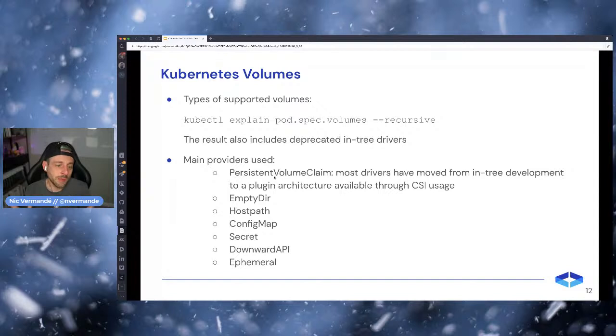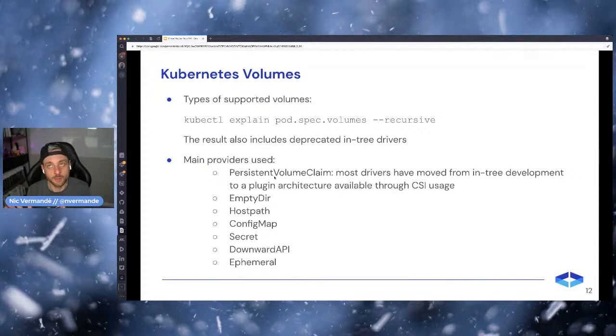So the main providers today: persistent volume claim, the most common one, used through a CSI. This is mainly what you're going to be using for your database. emptyDir, which is a temporary file system, can be in memory or temporary on disk. Host path, which is a local path to your node. You can also mount a config map as a volume. Secret. Downward API, which is contextual information about the pod, for example, the pod IP.